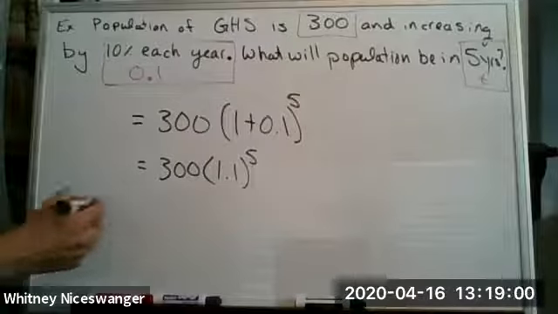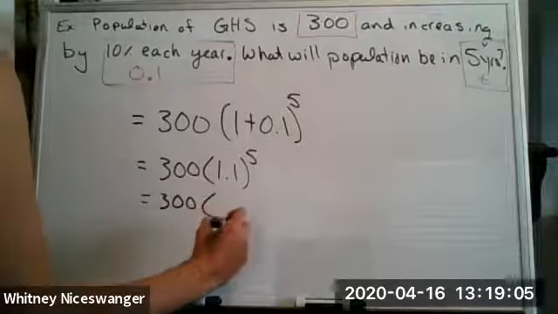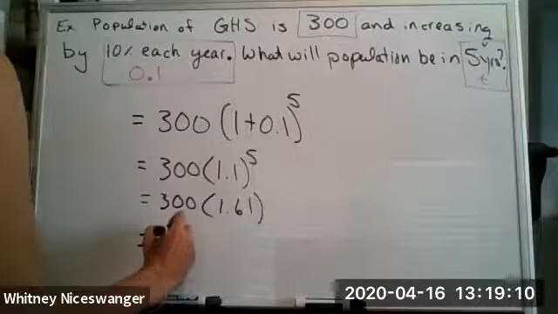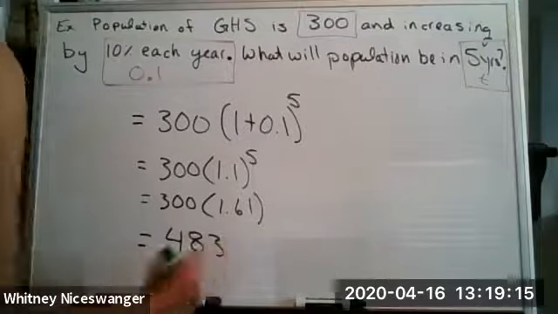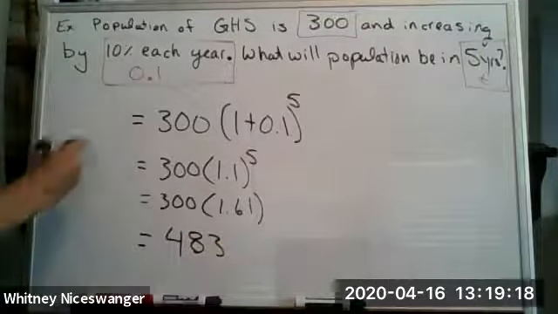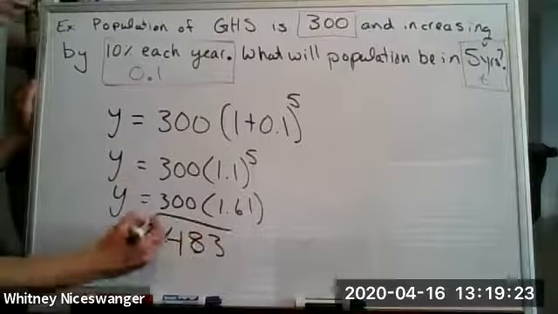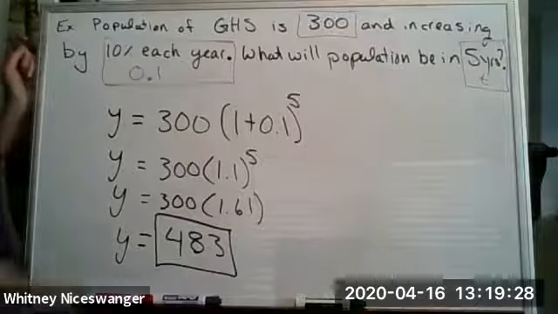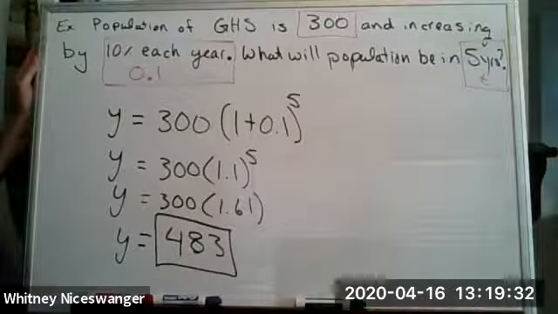That simplifies to 300 times 1.61, which simplifies to about 483 students. Okay. So that Y is our final amount. And so we know that our final amount is 483 students. So we started with 300. We grew at 10% a year for 5 years, and we ended up with 483 students.